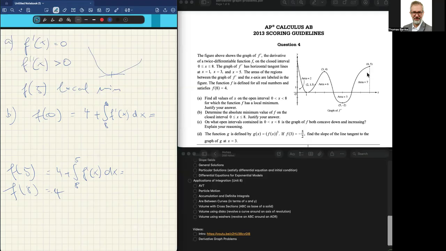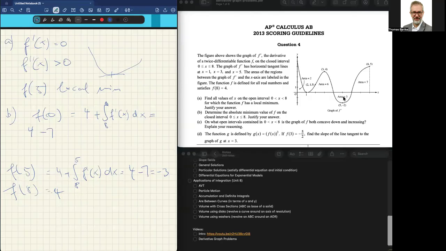Now f of 5, going back from 4. The area is above the x-axis, so moving in the opposite direction is going to make this negative. So this here is going to be 4 minus 7, and that's equal to negative 3. So that's lower than the endpoint. And then this here is equal to 4 minus 7.